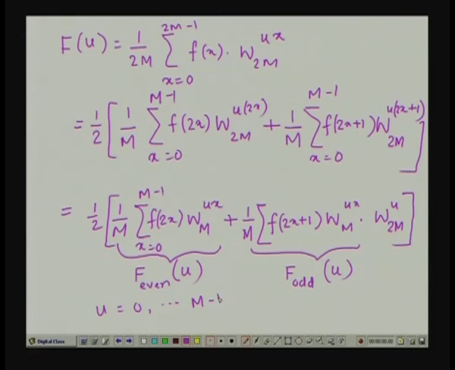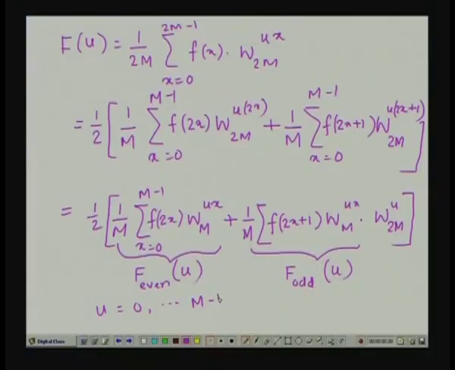By separating the even samples and odd samples, I can compute the Fourier transformation of the even samples to give me F_even(u), and the Fourier transformation of the odd samples to give me F_odd(u), and then I can combine these two to give me the DFT coefficients of values from 0 to capital M minus 1.